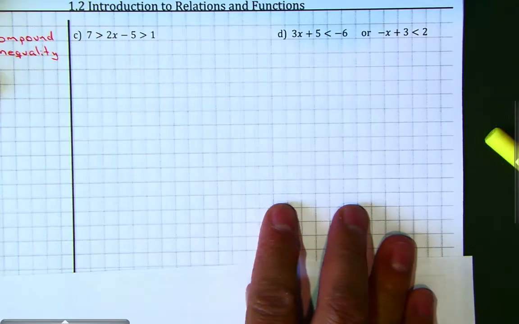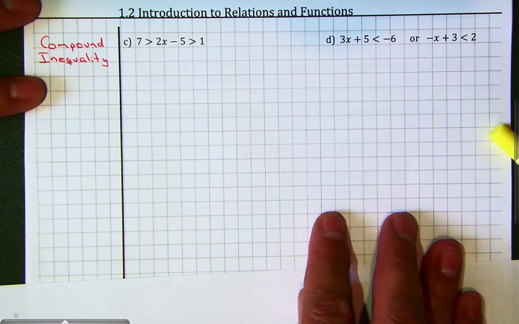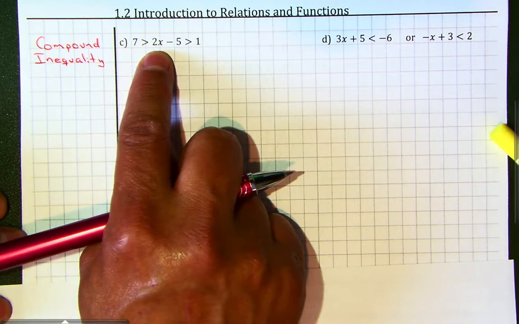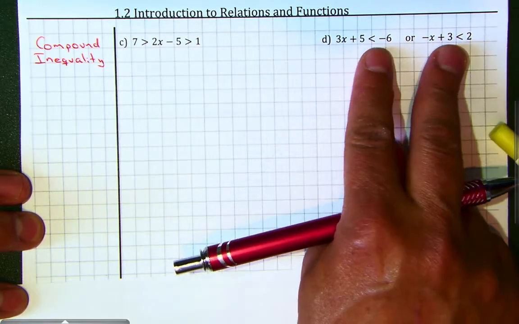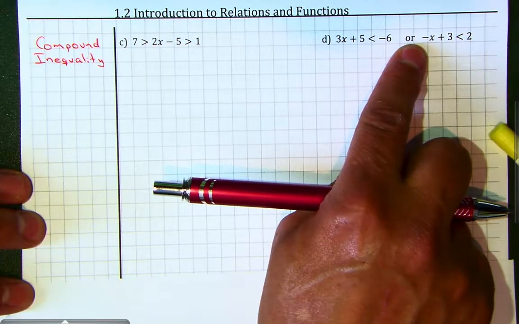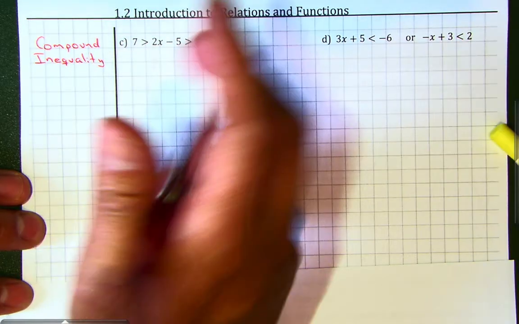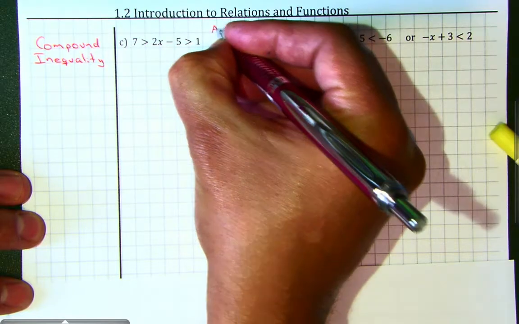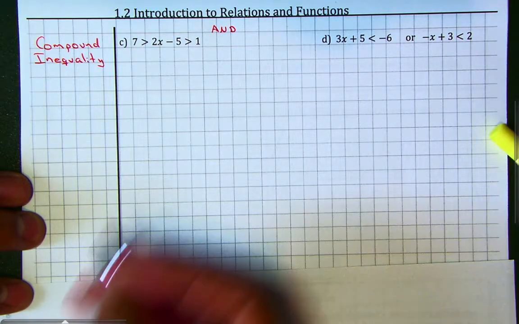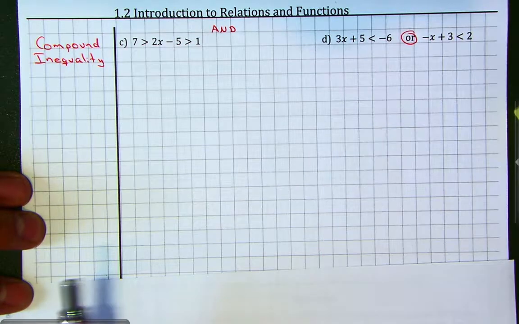A compound inequality is when we have 2 inequalities that are together or within the same problem. They can be an OR, but when they're connected, these ones are called an AND. In this case, the second one is an OR.